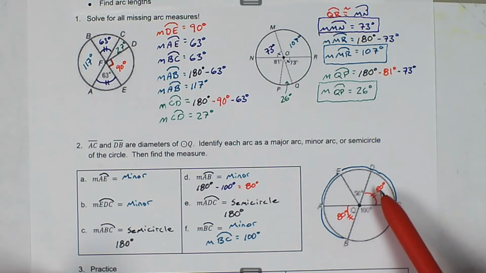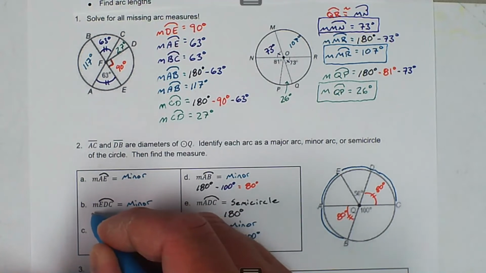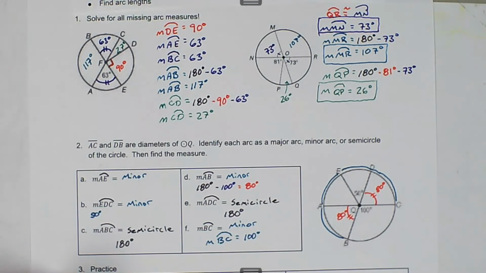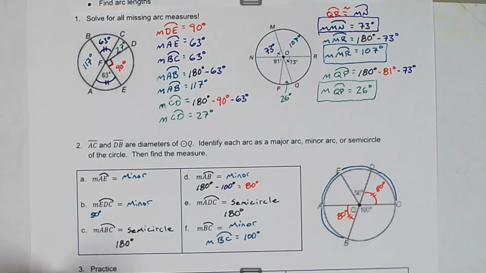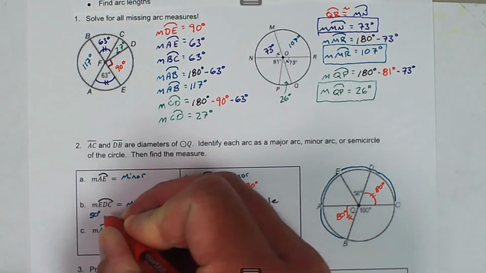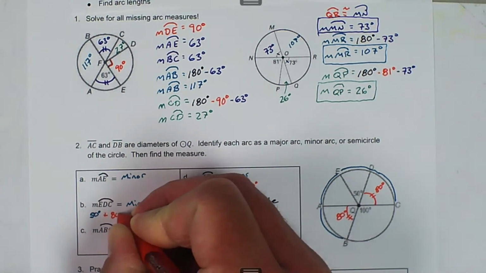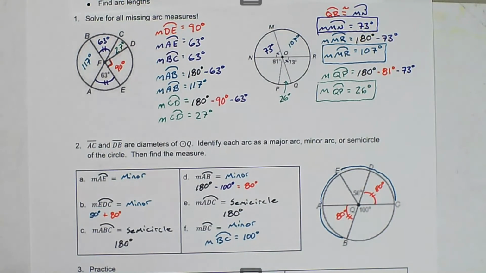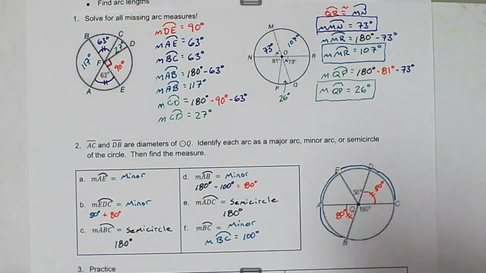So 50 plus 80, and that will give us our angle measure. So 50 degrees plus 80 degrees. And that is going to be equal to 130 degrees.